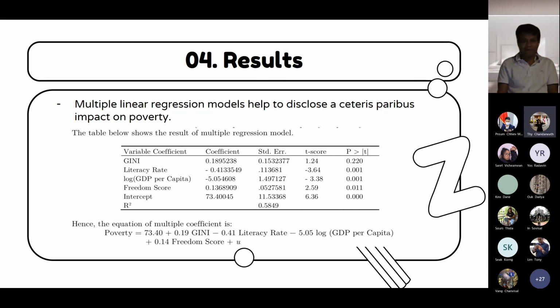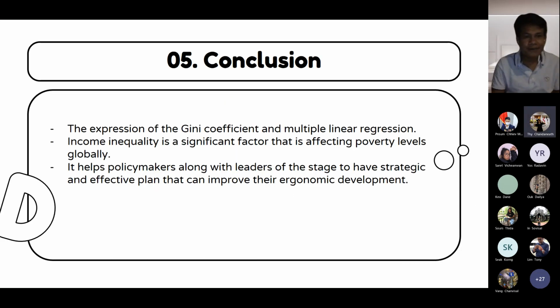So let's move on to the conclusions. To sum up, in this paper, the Gini coefficient as expressed in the simple and multiple linear regressions analyzed the relationship that exists between income equality and the level of poverty.